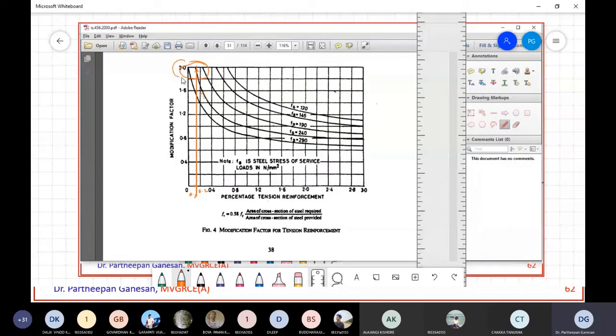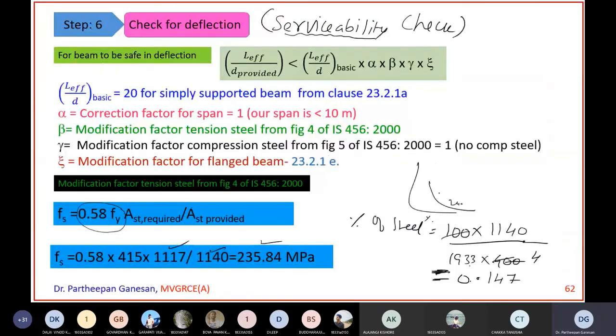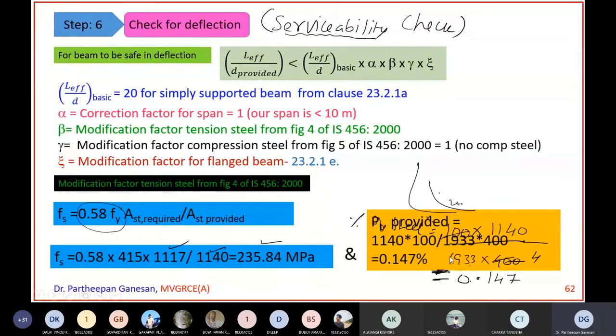So your modification factor is almost 2, or you can take 1.8, so more than 1.9 is the modification factor. Is that clear, everyone? So for 0.147 on the 240 curve, it is coming out to be 1.8 or 1.9 or something like that.